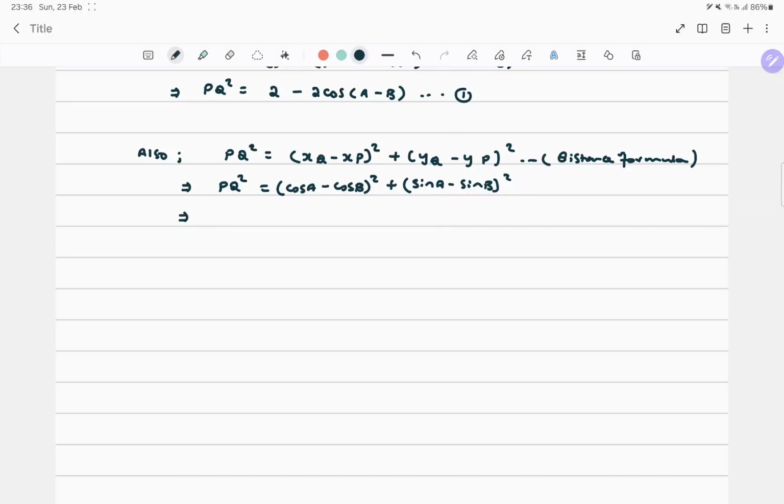So this implies that PQ squared is equal to, we expand this, it's going to be cos squared A minus 2 cos A cos B plus cos squared B, right? Plus this is going to be sine squared A minus 2 sine A sine B plus sine squared B.